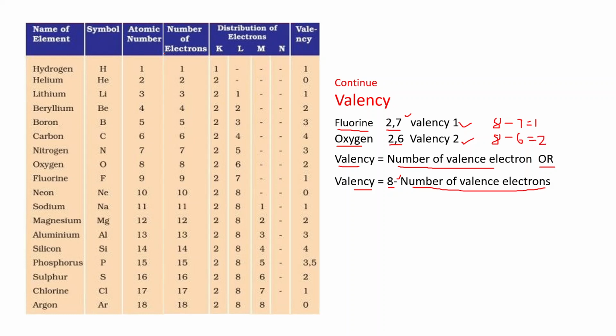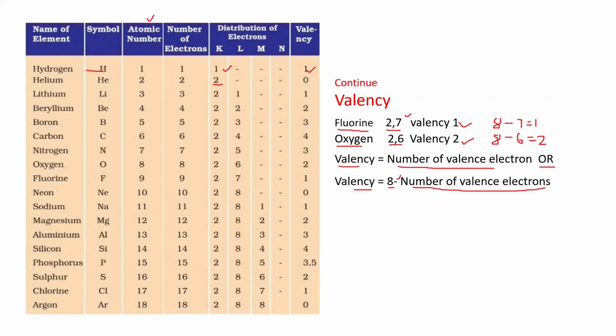Now this table represents the valency of the first 18 elements. You can work out the valency because we have learned the electronic configuration of these elements. Once again, hydrogen is 1, so valency is 1.